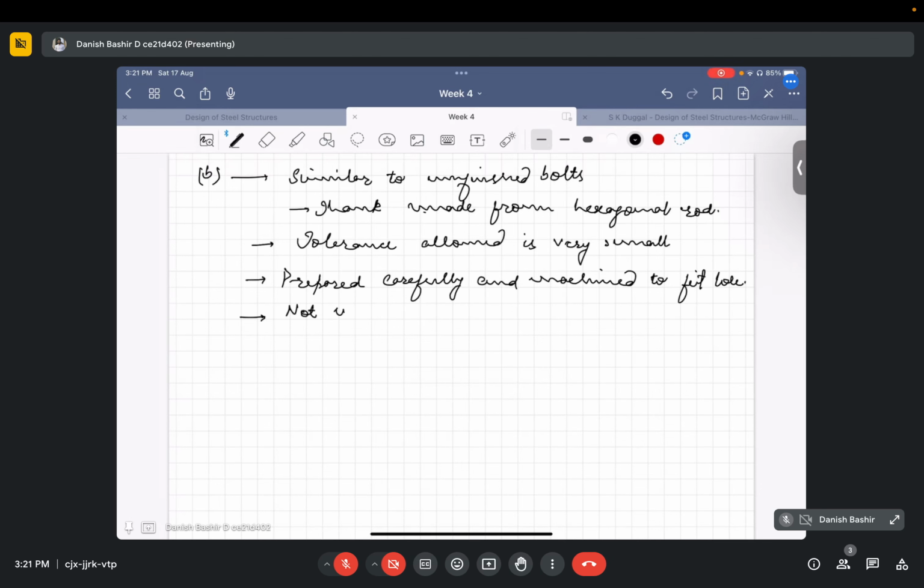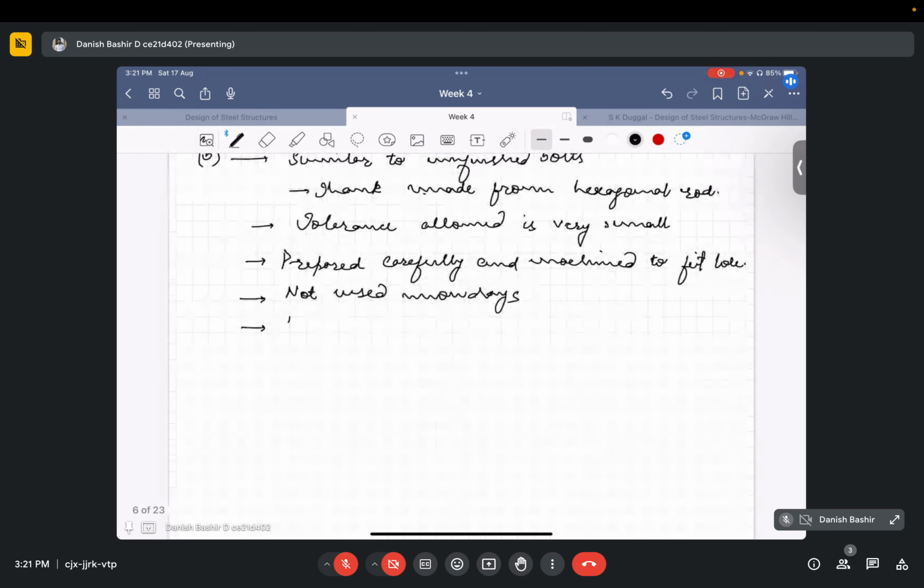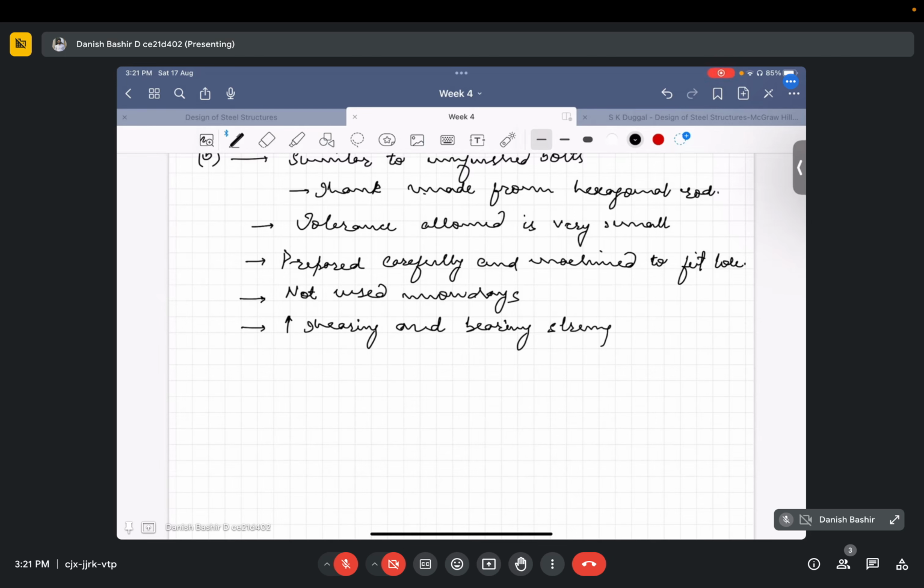They have high shearing and bearing resistance as compared to unfinished bolts. Okay, high shearing and bearing strength compared to unfinished bolts. This is turned bolts.